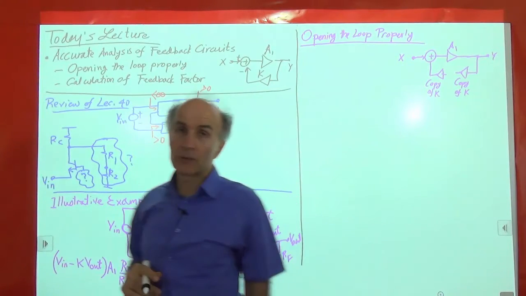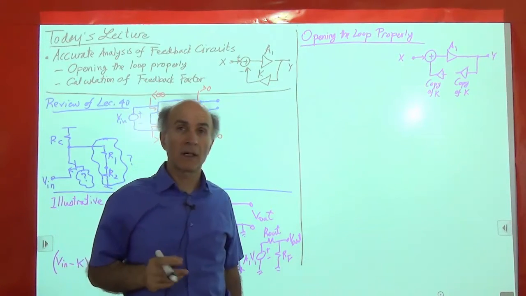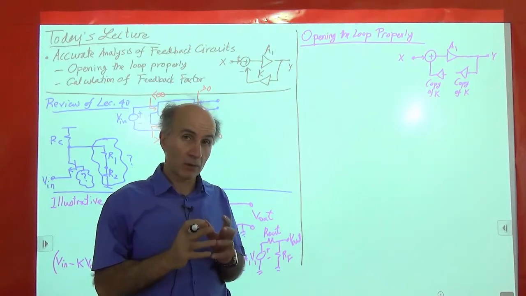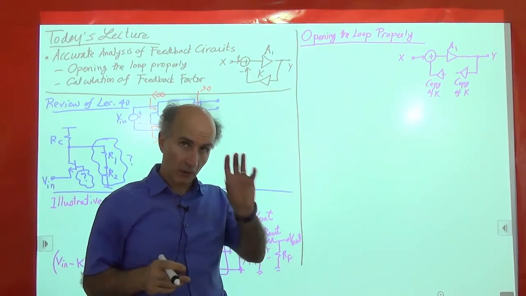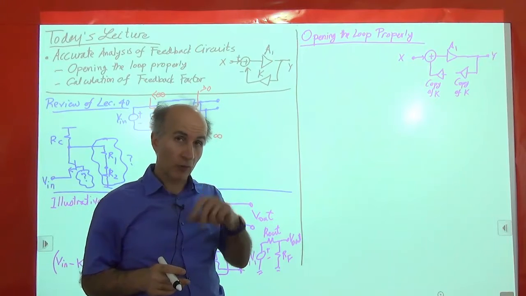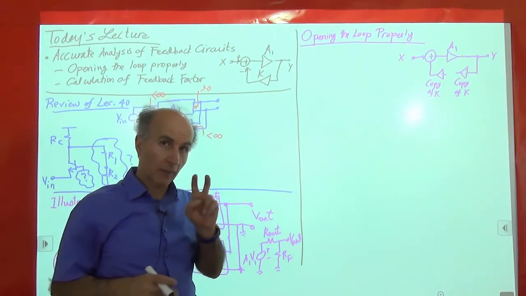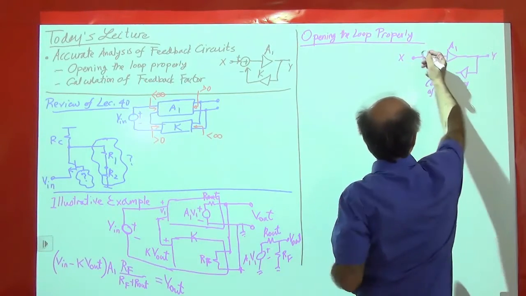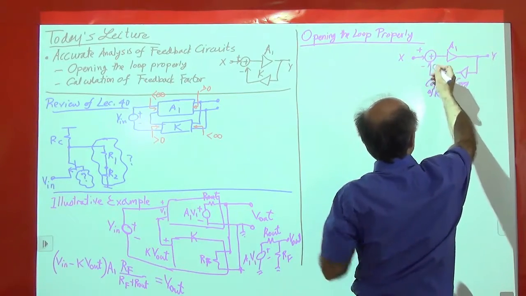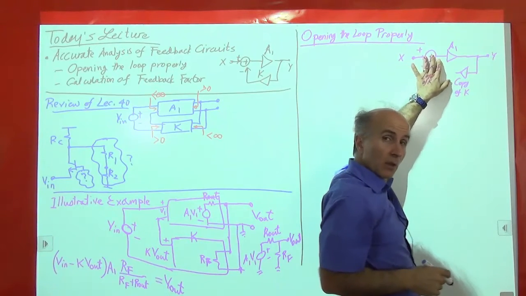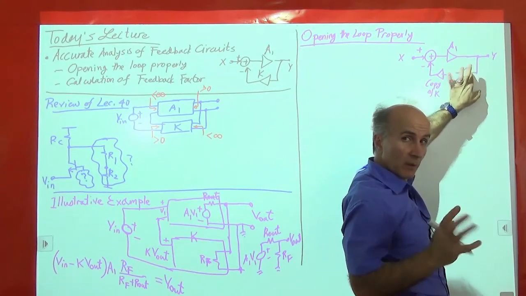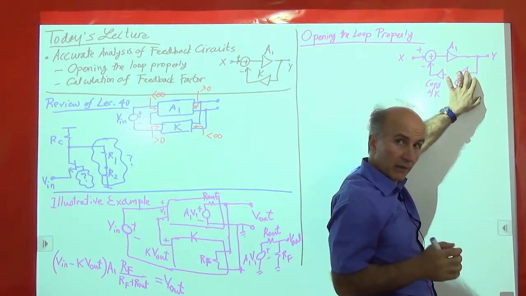All right, so take a moment to just digest this idea that I have identified my feedback network, hopefully, right? I call it K. I'm going to make two copies. One copy attached to this side, one copy attached to that side. Meaning, one copy attached to the input, one copy attached to the output. Okay, we still don't know what this means. I will show you shortly. It's not that hard.